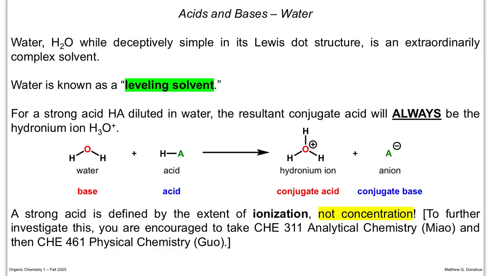So that was an example of water as the base with HCl. Let's generalize it to other things. We talked about sulfuric acid to begin with, and we'll use this nomenclature here, just HA. H is the acidic hydrogen, and A is the rest of the molecule.